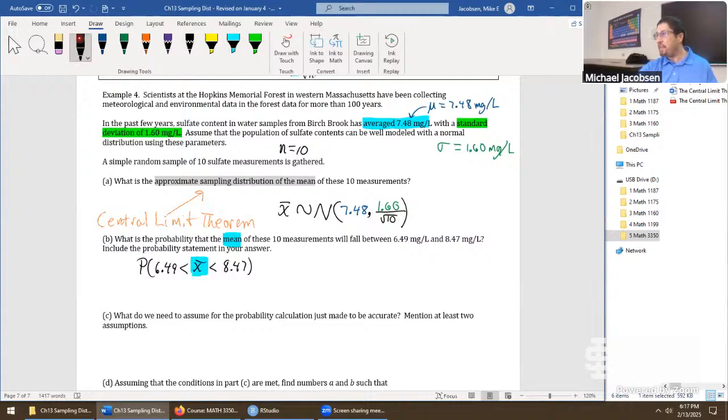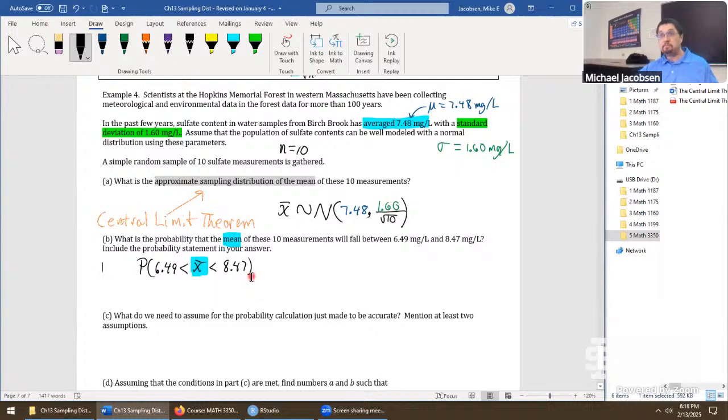So we want to come up now with that probability there. So again, this is why this is a what if analysis. Historical data says mu should be this value, sigma should be this value, and these two values, 6.49, 8.47, are not too far off of this figure.